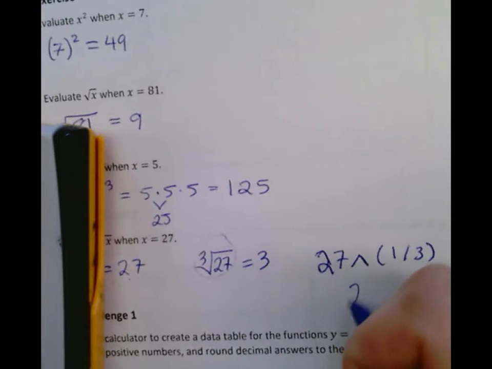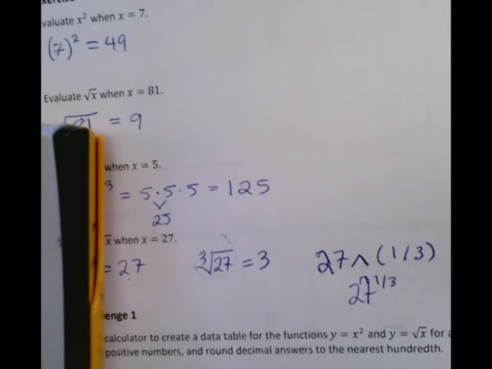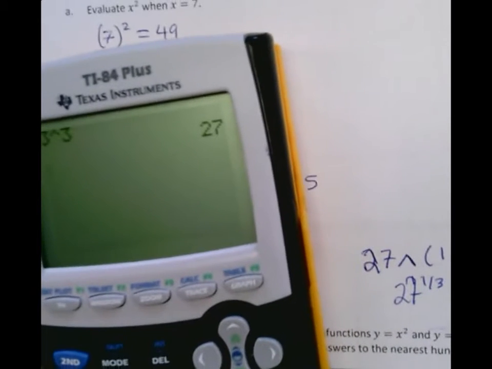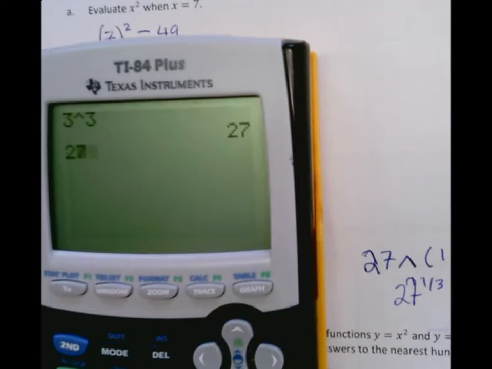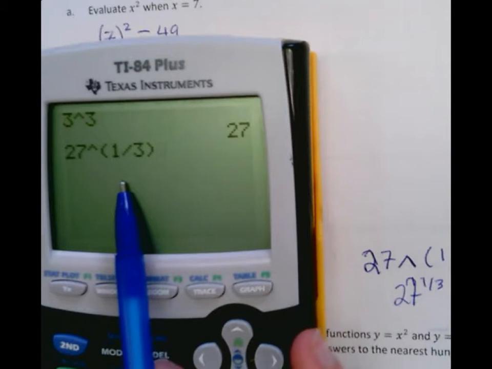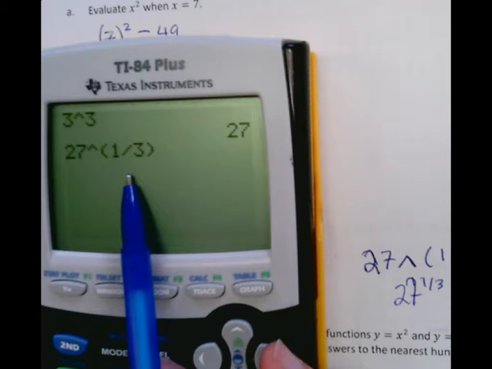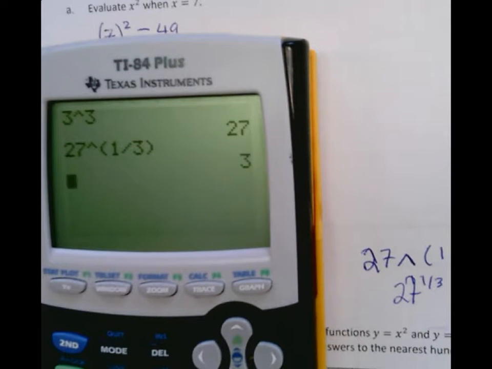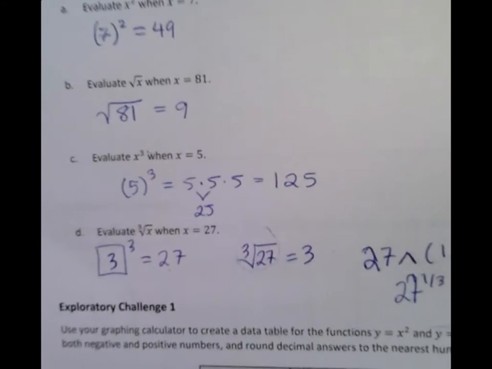So it would look like 27 to the 1/3 power. If we put that in the calculator, we should get back 3. So 27 raised to the 1 divided by 3 power. The idea is these fractional exponents end up being equal to roots. If I have the cubed root, I'm raising it to the 1/3 power, and I do get 3 back. So we can verify that that is the correct answer.